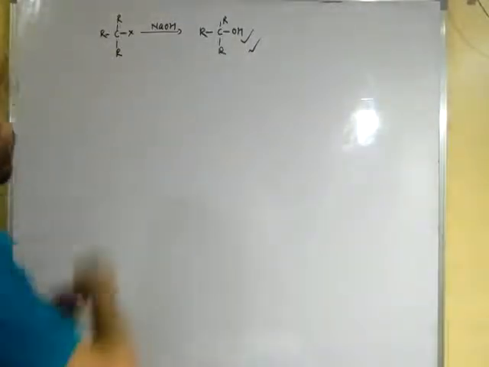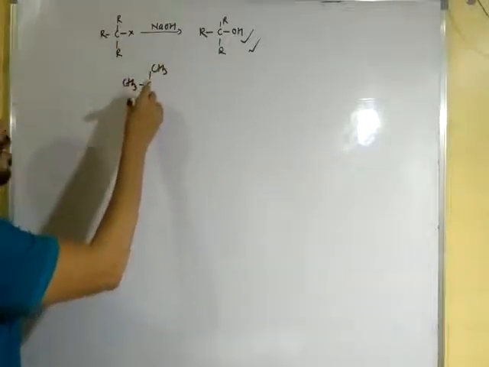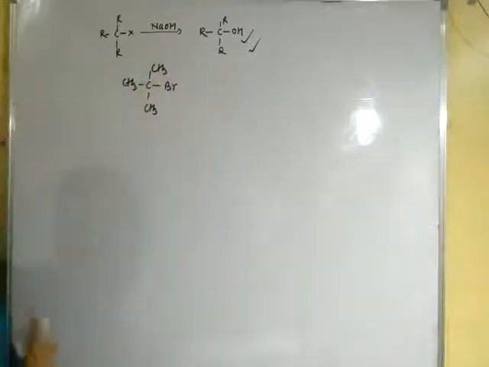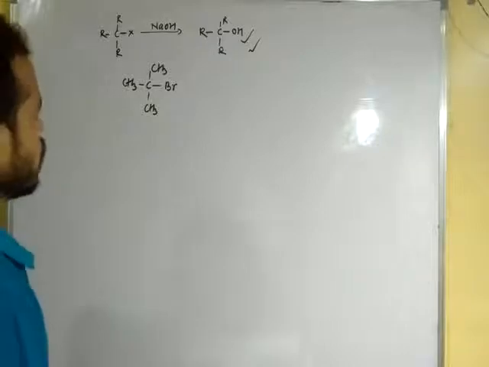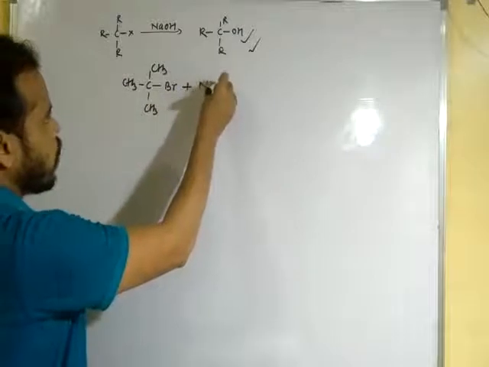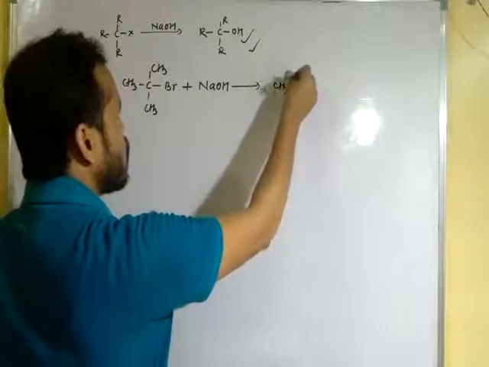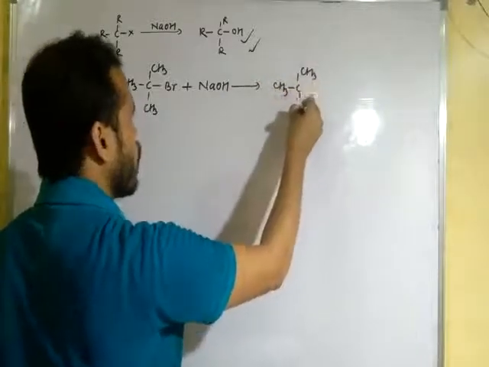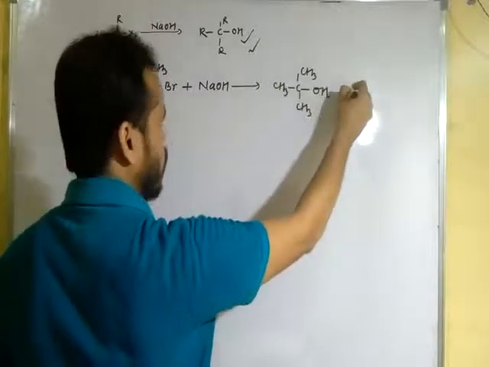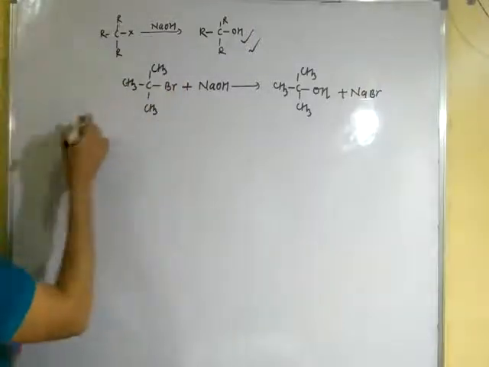Suppose we have CH3, C, CH3, CH3 and Br, and when hydrolyzed with NaOH it forms CH3, C, CH3, CH3 and OH. And the byproduct is NaBr. Now the mechanism of this reaction.